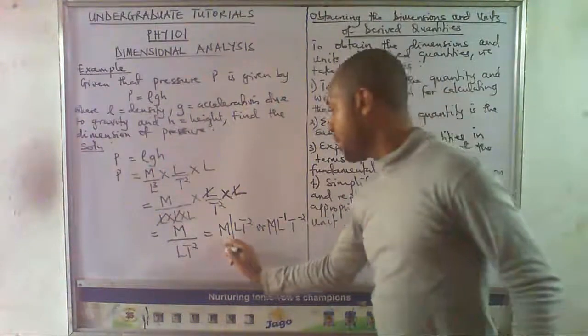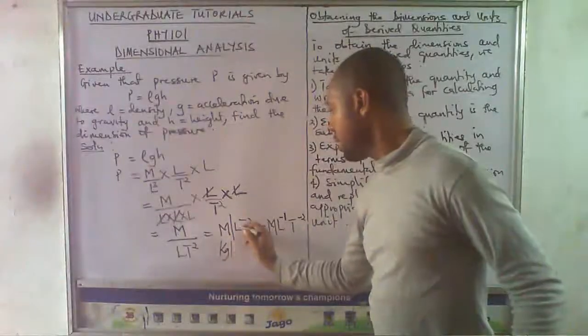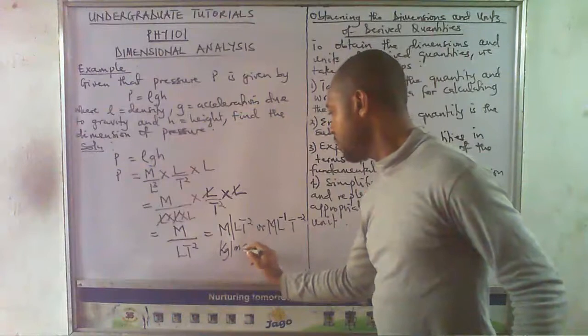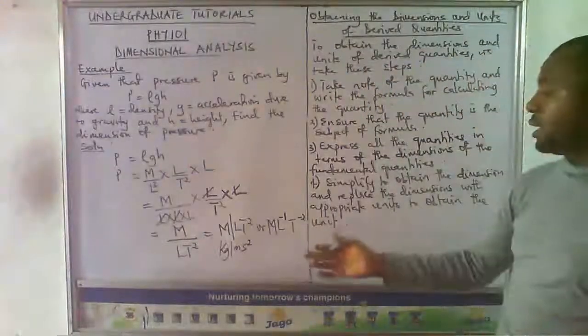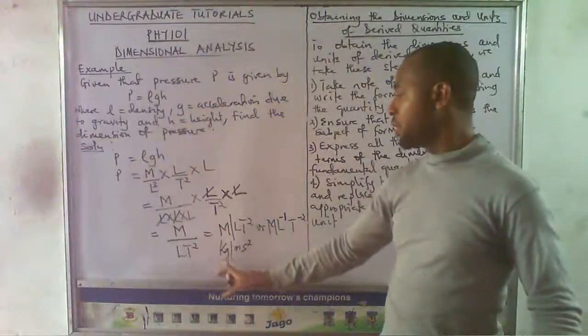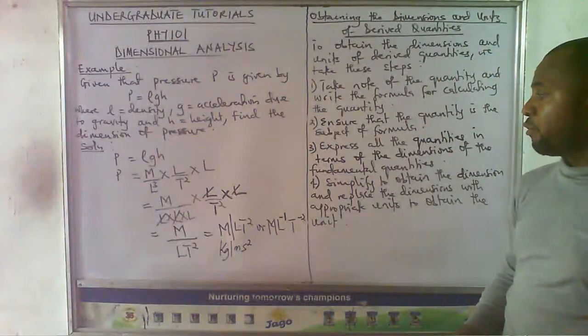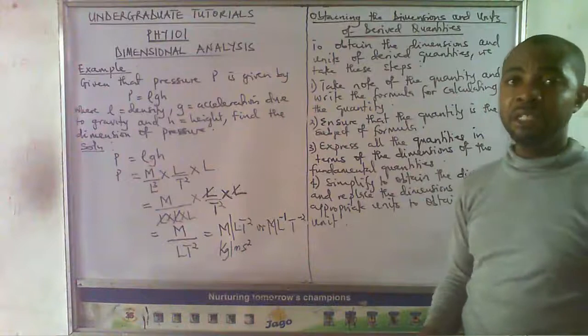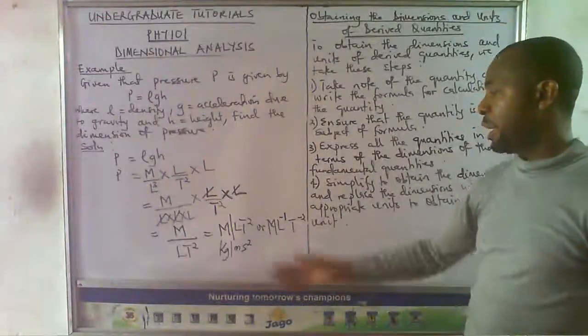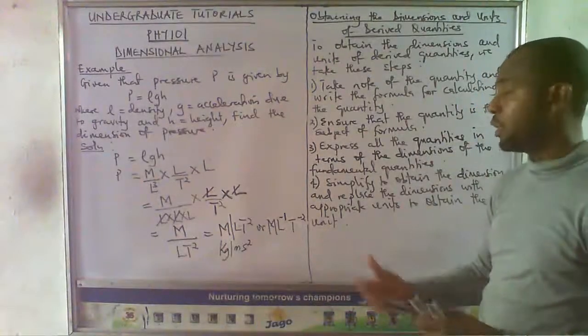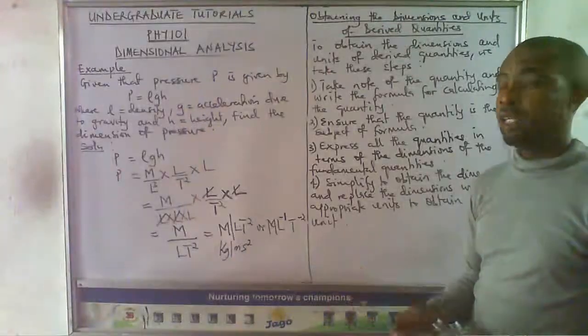For example, mass is kilogram, length is meter, and time is second. So the unit of pressure is kilogram per meter second square. And we know that the SI unit is Pascal. There are other alternative units, like Newton per meter square, and so on.